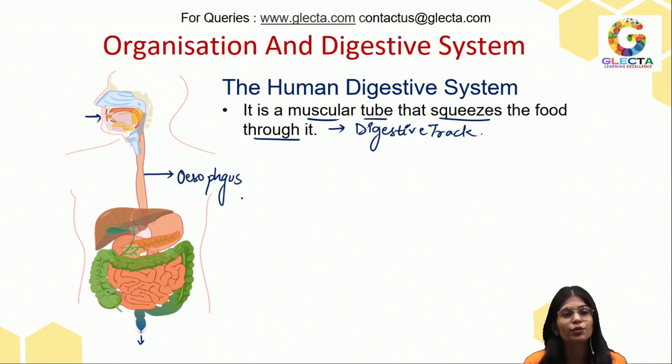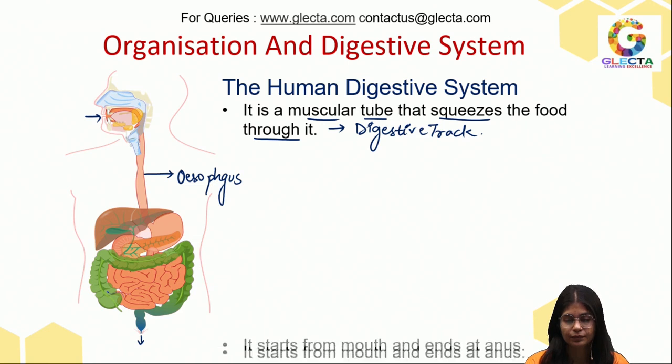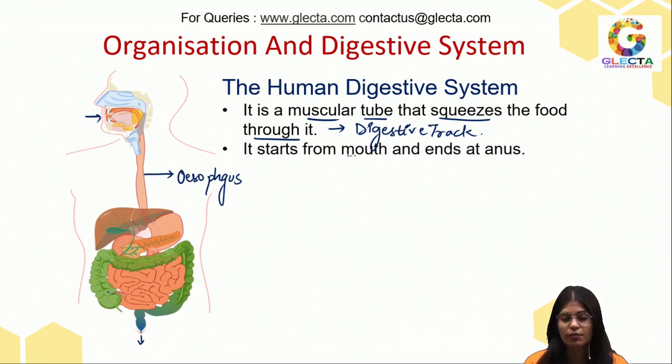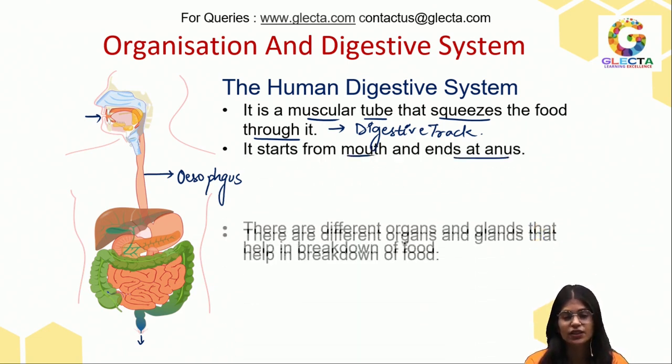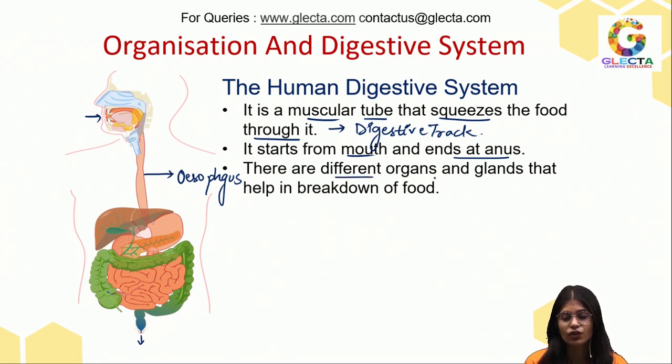This one is going to be muscular so that it squeezes the food down to your stomach. It starts from the mouth and ends at the anus. There are different organs and glands that help in this breakdown of food. Now let's label all these parts so that you can remember it in an easier way. Then we can go back to digestion and the different kinds of secretions that happen in the body.